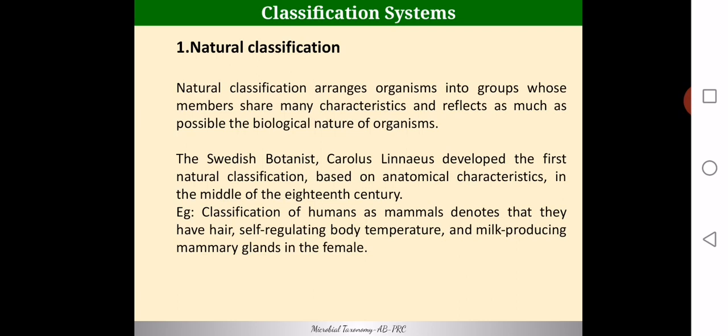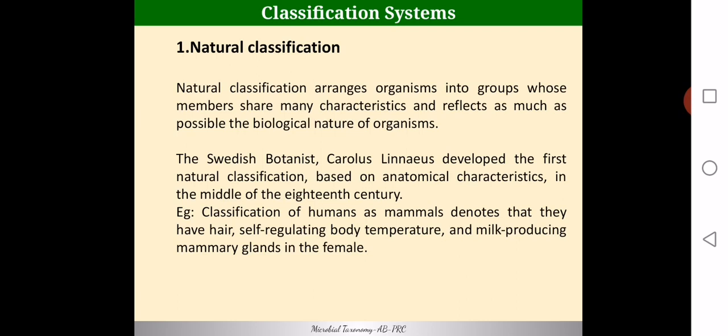So there are different classification systems used for living organisms, right? There will be certain intuitive type of classification. That's what we call the natural classification, in which the very basic natural features, that means the biological features of organisms, are used for inclusion of a particular organism into a group, right?